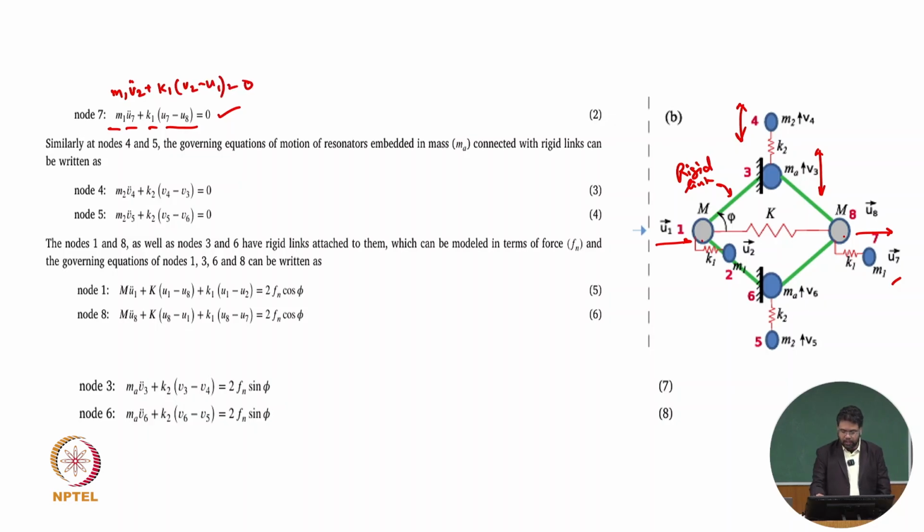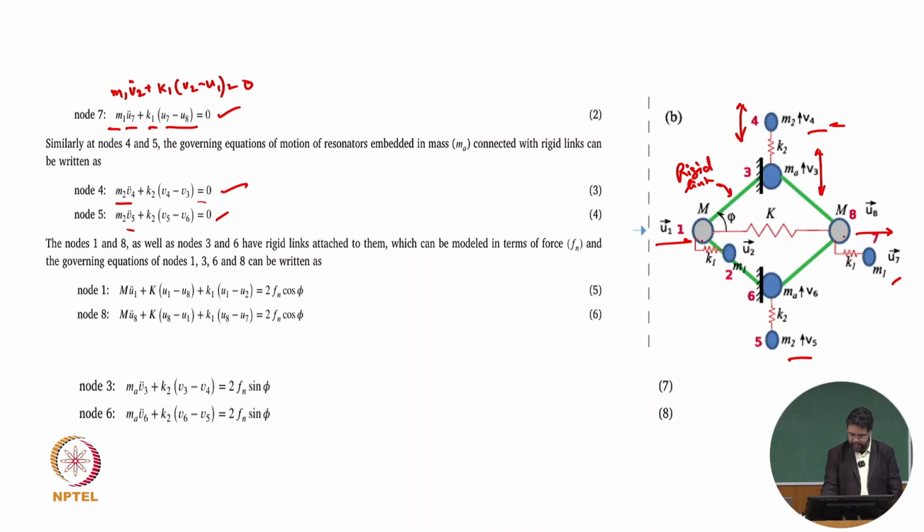Okay, and then if we write the equation for nodes 4 and 5, that is primarily the attached resonator, we can write m2 v4 double dot plus k2 into v4 minus v3, and m2 into v5 double dot plus k2 into v5 minus v6. So this way we get these two equations written.